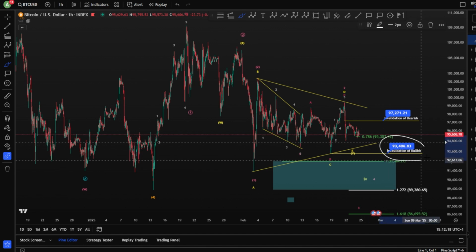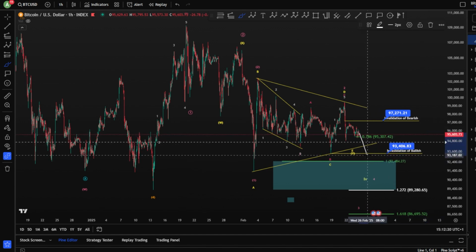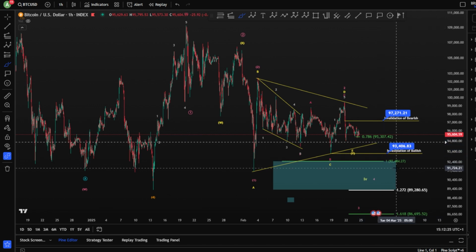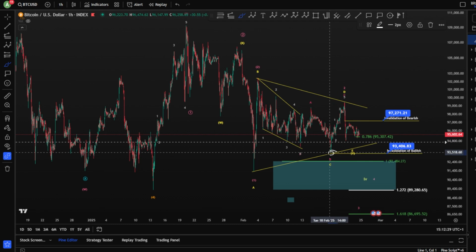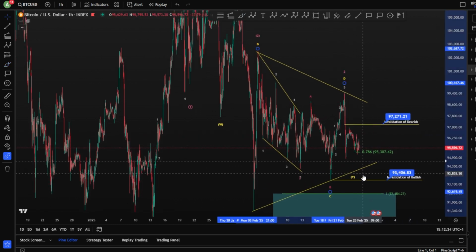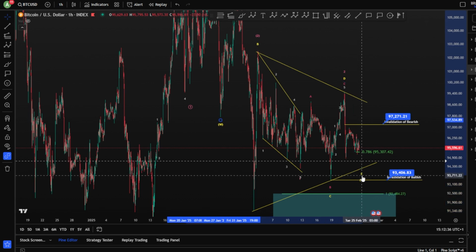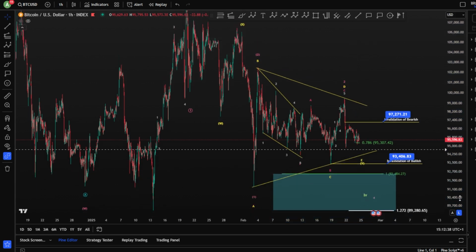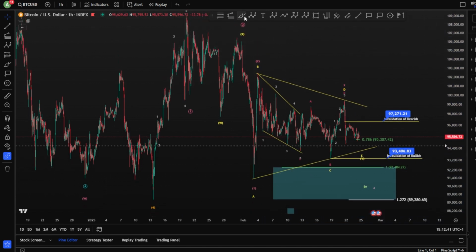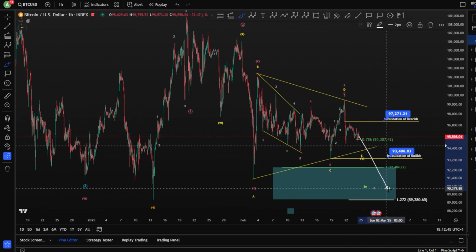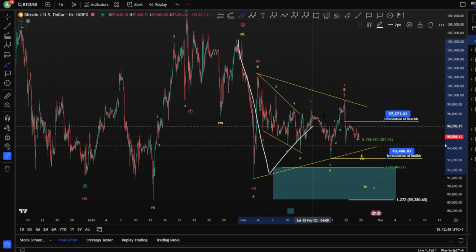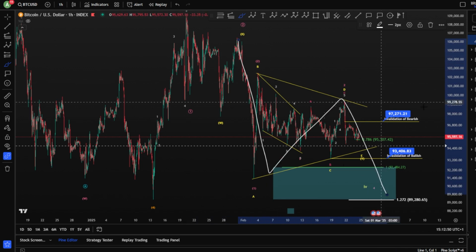However, the invalidation of the bullish scenario is if the price takes this level, 93k 400. This means invalidation, because the price is not allowed to take this wave C. Your wave E is not allowed to overshoot your wave C. If this happens, we have to consider the bullish scenario invalidated and still looking for lower prices, at least to finish in a zigzag somehow like this.